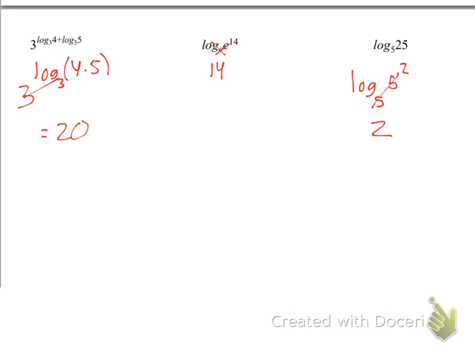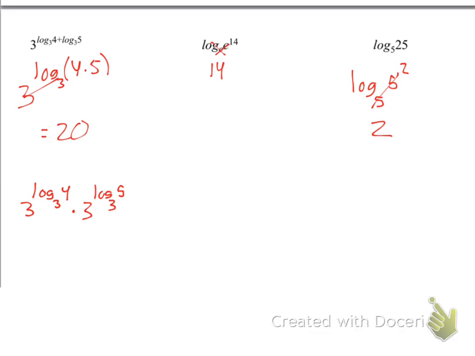There's another way to do this using our exponent rules. When do we add exponents? What are we doing with our bases? Multiplying. So would you guys agree that this would be 3 to the log base 3 of 4 times 3 to the log base 3 of 5?